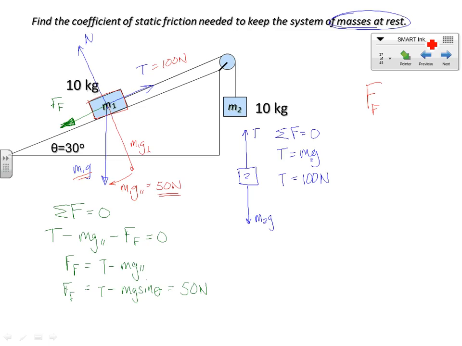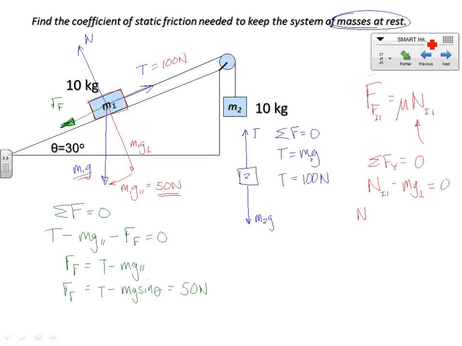F, really, that the incline exerts on 1 is mu times the normal that the incline exerts on 1. Well, we already know what the force of friction is. It's 50 newtons. We have to figure out what the normal is. So that's a net force in the y direction is 0. If we look at our free body diagram for object 1, we have n that the incline exerts on 1, minus mg perpendicular is 0.